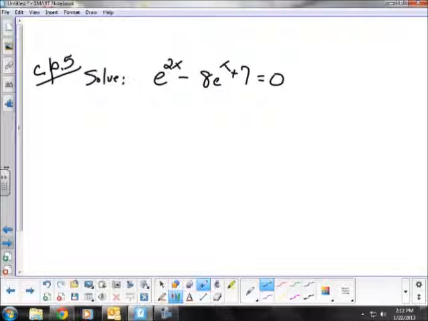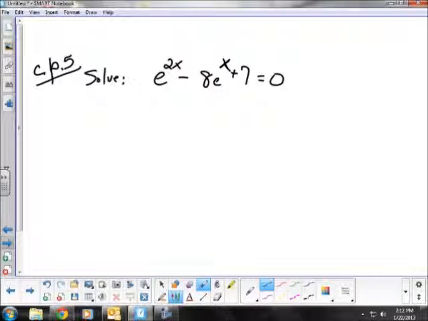That's called a trinomial. And I'm hoping at this point that you are noticing that you've got an e to the 1x and an e to the 2x. Checkpoint 5 is in your book. You can look.